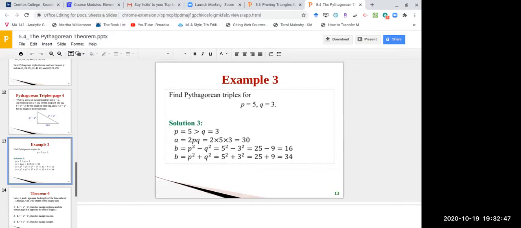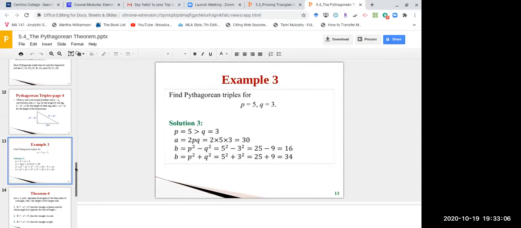So you can have 2PQ, and you can have P squared minus Q squared, and C is P squared plus Q squared. So you can find Pythagorean triples for that.